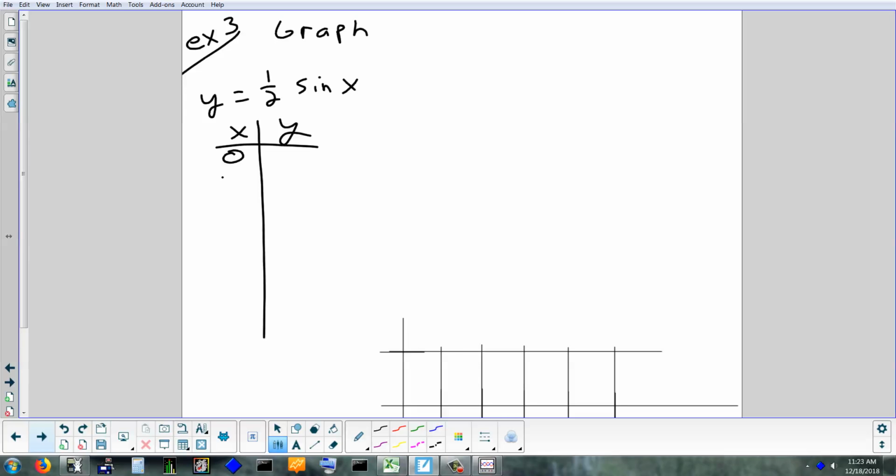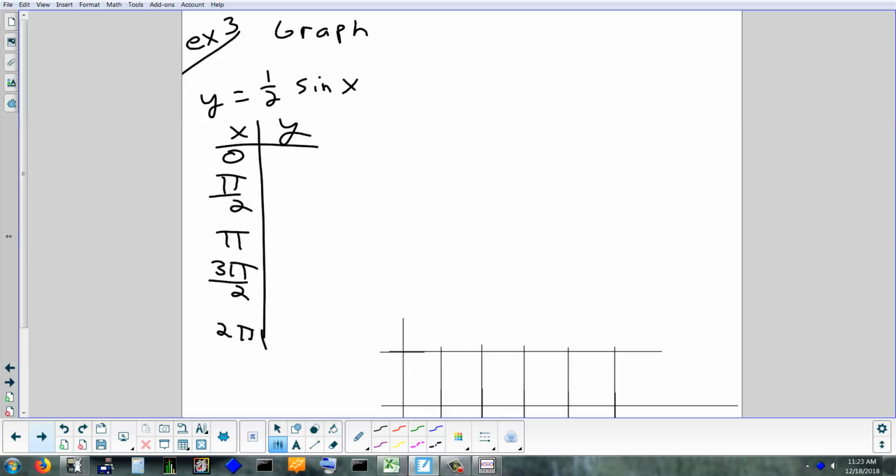Same ones we did on the last problem. 0, half pi, pi, 3 pi over 2, 2 pi. I like the second one. That was good. 0, half pi, or pi over 2. Can someone remind me, what's the third one? Pi. And then 3 pi over 2. And then 2 pi. Yep. You don't have any exponents on pi all week, ever. So you'll never have pi squared or pi cubed, just pi. Right?